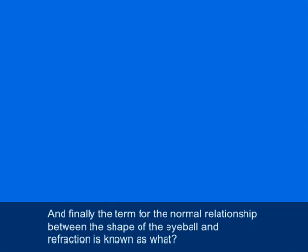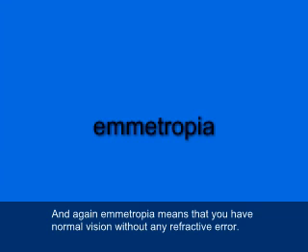And finally, the term for the normal relationship between the shape of the eyeball and refraction is known as what? That's emmetropia. And again, emmetropia means you've got normal vision without any refractive error.